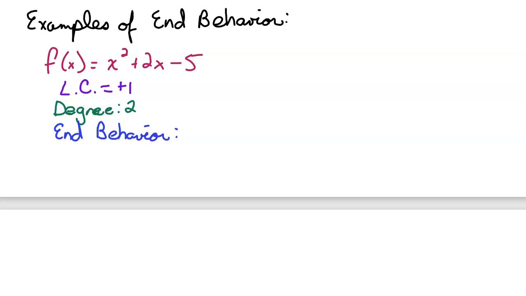since our degree is even, that means it's going to go in the same direction, and it's positive, that means the right side of my graph is going to be up, and since I'm going in the same direction, the left side of my graph is going to be going up.